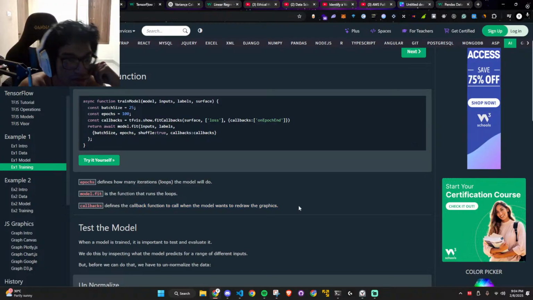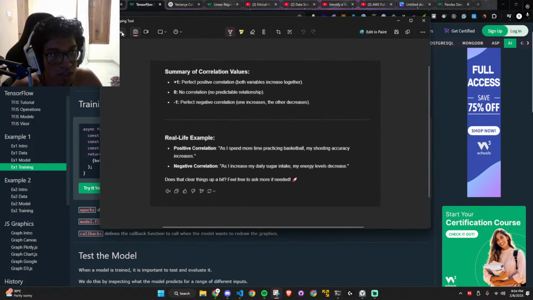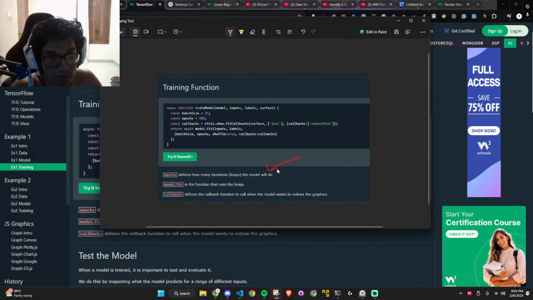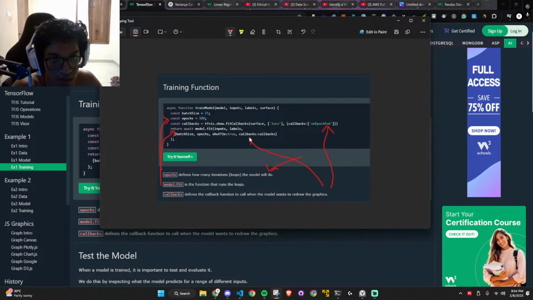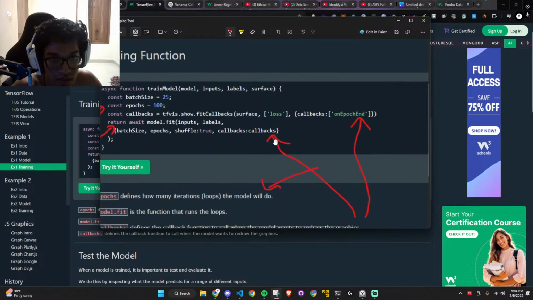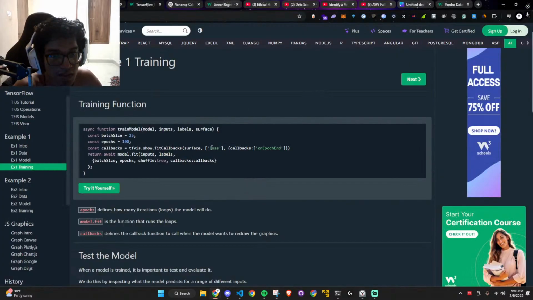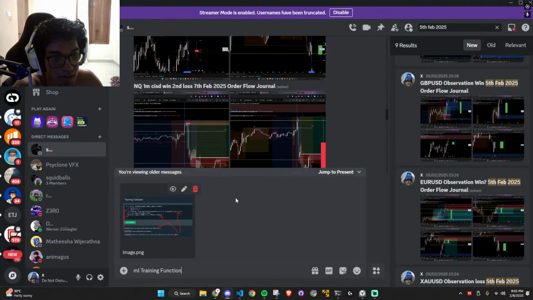Usual JavaScript stuff. So this is the training, 70%. 70-30 rule. So that's epochs. Epochs is over here. Model.fit. It's over here. And callbacks over here. And over here. Okay. So we just note this down as well, just as a side note. Training function.